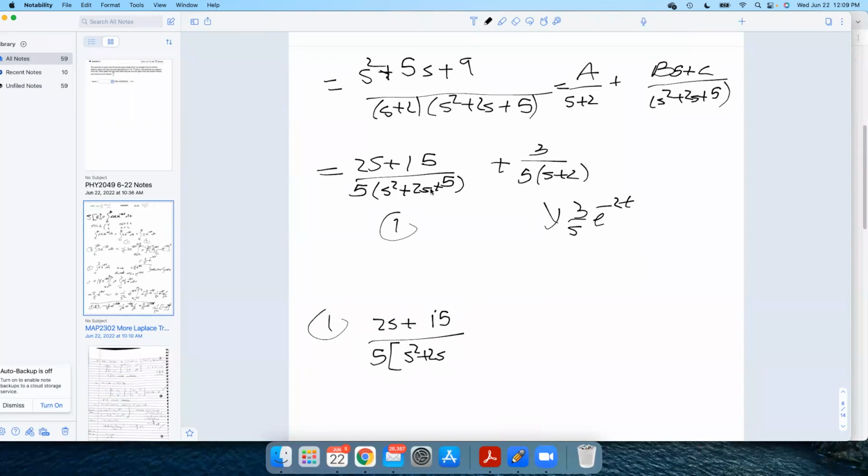And again, an easy way to think of this is I need a plus 1 here. So I'm going to break 1 off that 5 and have a plus 4. So that would be 2s plus 15 over 5, and that would be s plus 1 squared plus 4. I'm going to write that as 2 squared.